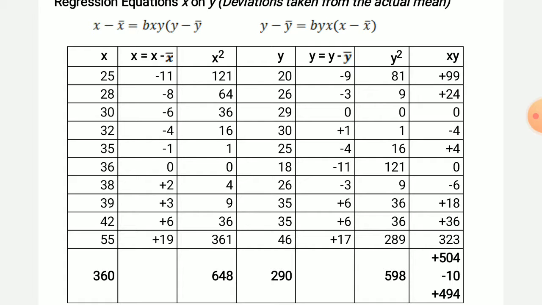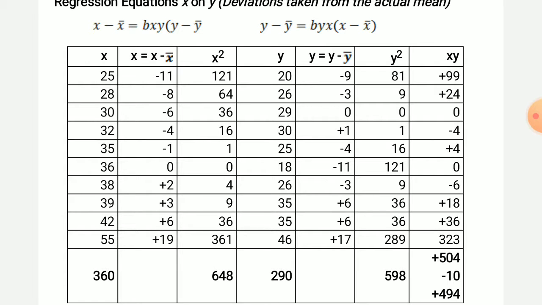Now take the square of x. Minus 11 whole square, minus 11 into minus 11 is 121, minus 8 whole square is 64, minus 6 whole square is 36, minus 4 whole square is 16, minus 1 whole square is plus 1, and so on. Now after the variable x, in the next column take the y data, and for that we have to take the difference of all the values using y bar.